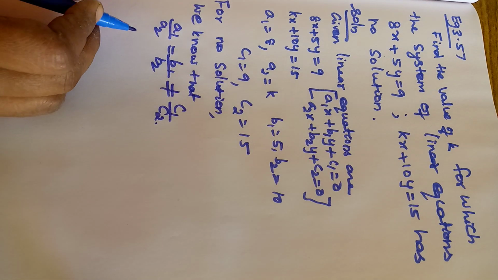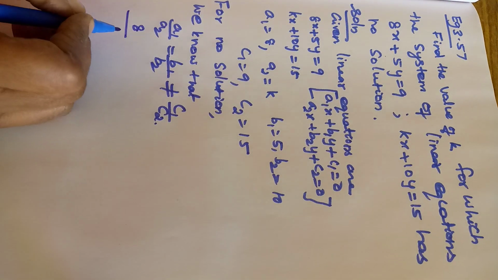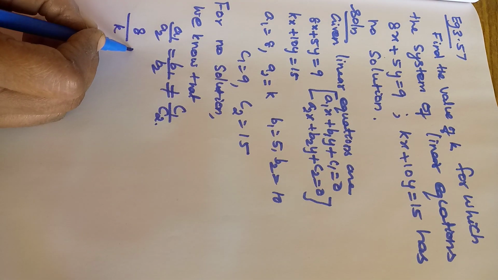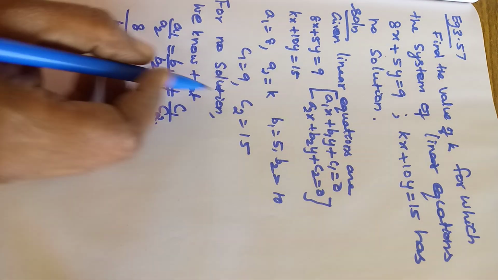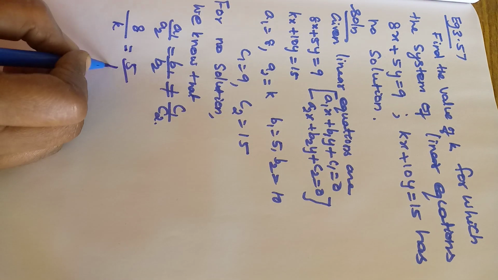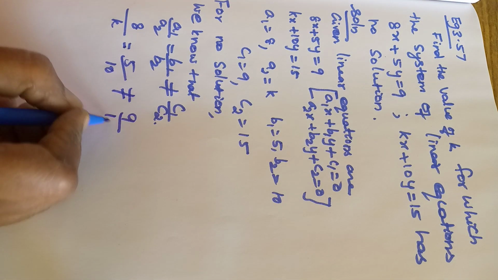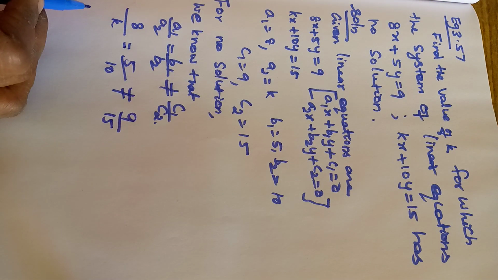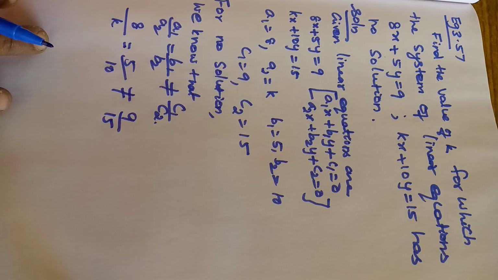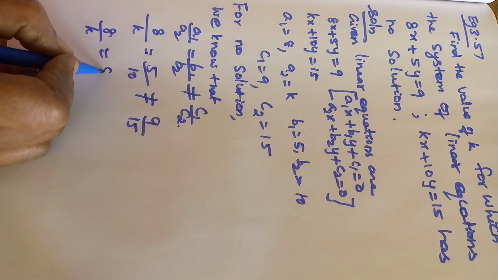Therefore, here a1 is 8 by a2 is k, is equal to b1 is 5 by b2 is 10, is not equal to c1 is 9 by 15. So let us take these two terms to equate.